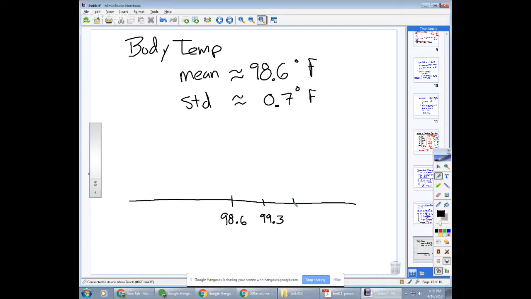And if you go 2 standard deviations to the right, so 2 hops by 0.7, that would be 100. And if we do a 3rd hop to the right, we're at 100.7. Okay, and remember, this is my middle here. Going the other way, 1 standard deviation to the left, that's going to be what, 97.9? Is that right? 2 standard deviations to the left, so 2 hops, 97.2.